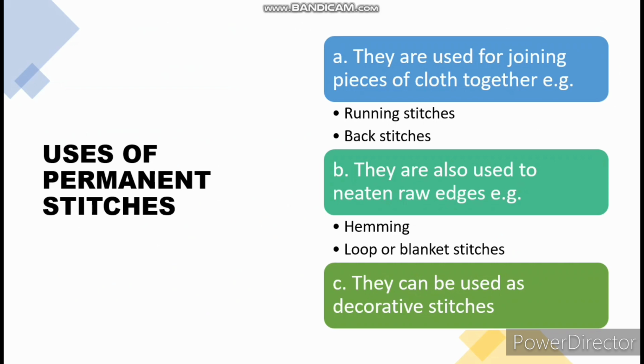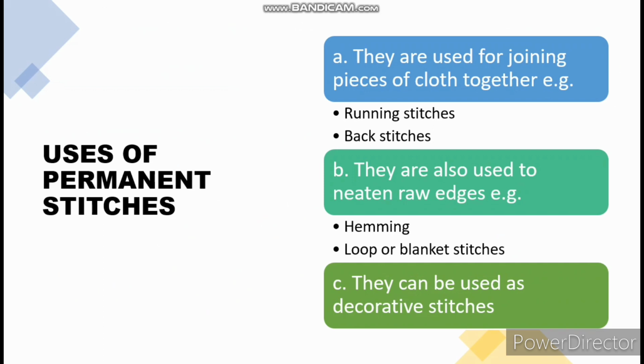So when we are talking of joining pieces of clothes together, we are talking of running stitches and back stitches as an example. 2. They are also used for knitting raw edges, where we have hemming and loop or blanket stitches. The third one, they can be used as decorative stitches.